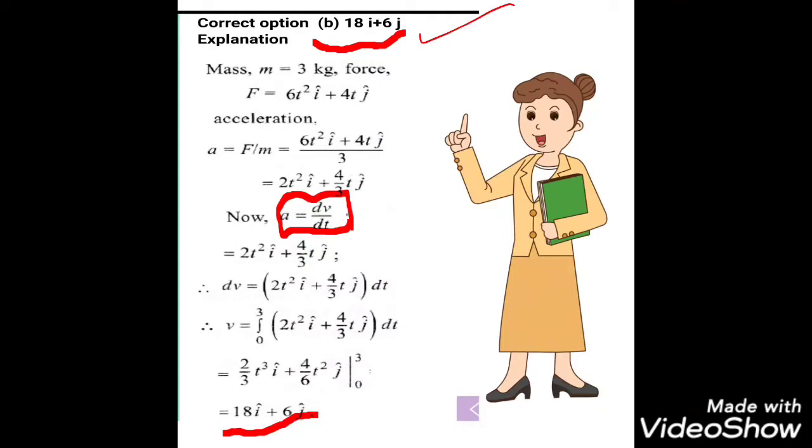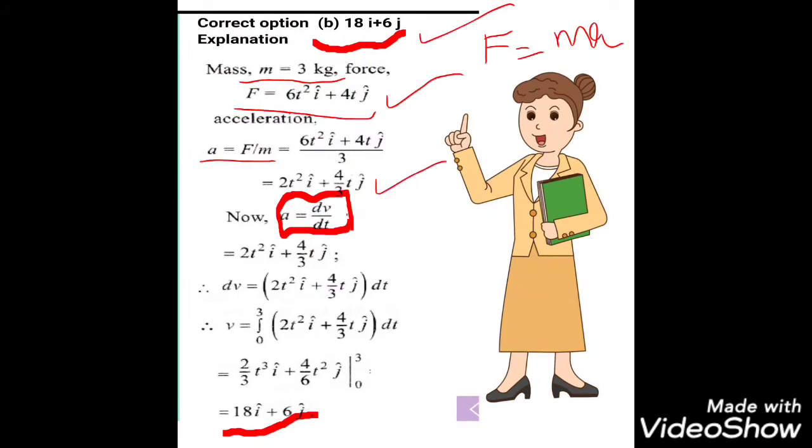Here, how to get the value 18i + 6j? Here you know the mass, 3 kg, is given in the problem. The force they have given is 6t² i + 4t j. So acceleration means force by mass, because F = ma, you know. So a = F/m.